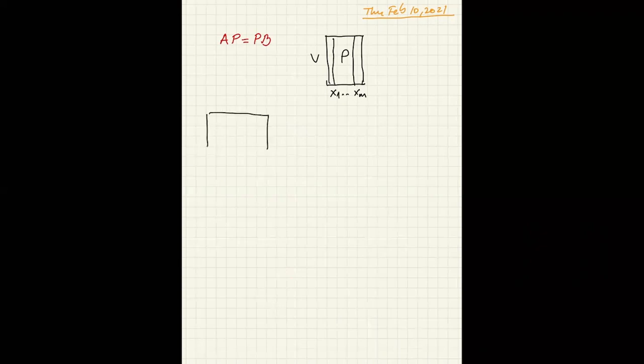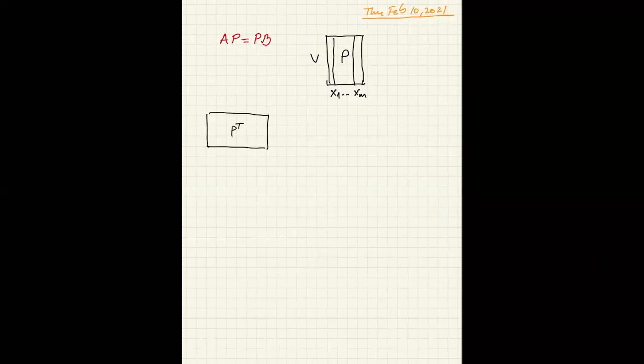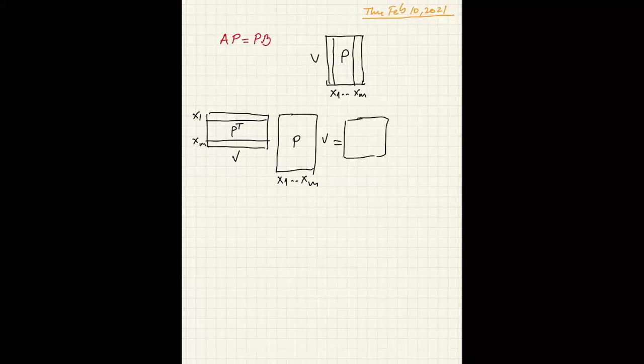And now, if we take P transpose, so we flip the matrix P this way, you have these rows corresponding to x1, xm, and you multiply it with P. What are we going to get? Well, we get a matrix that is m by m, indexed by x1, x2, xm.